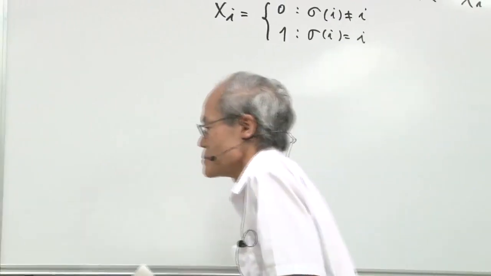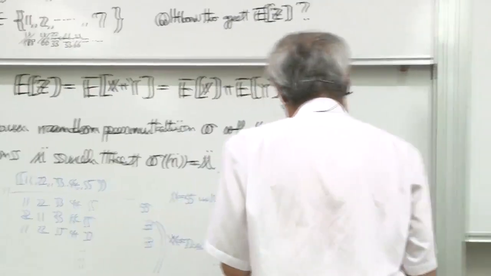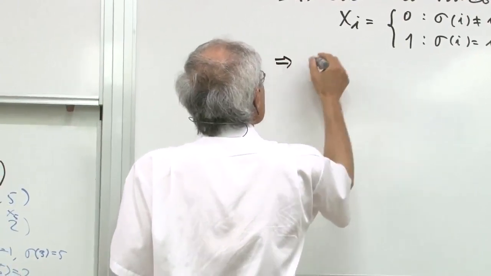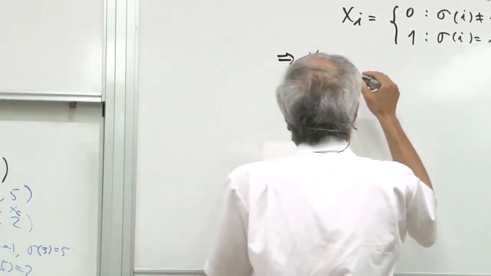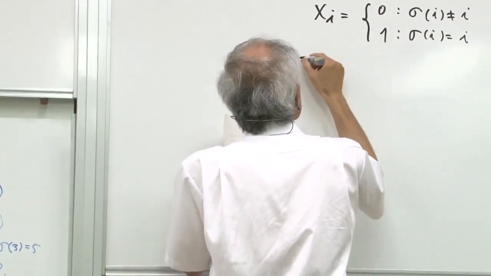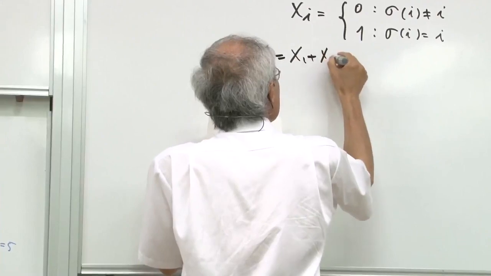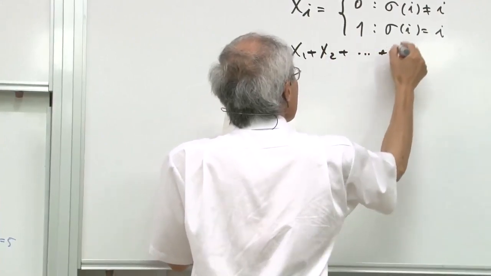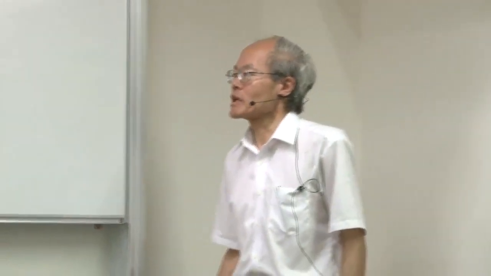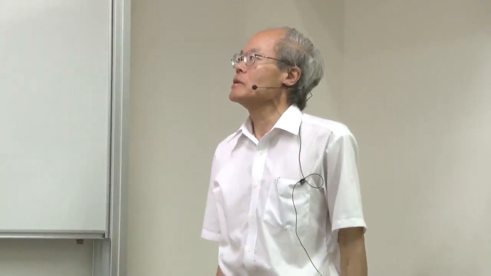Obviously, the random variable x can be broken down into the sum of these n variables x sub i.